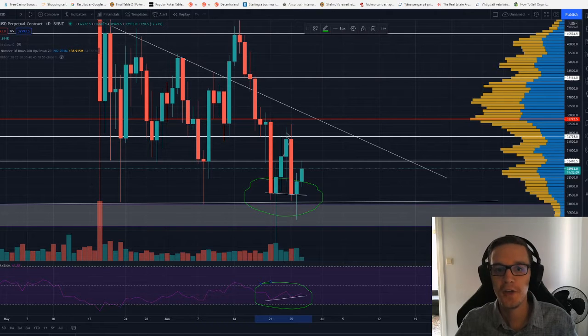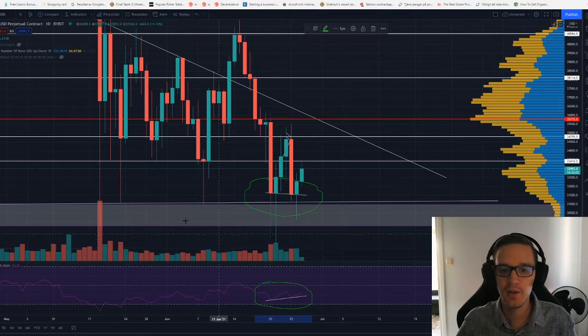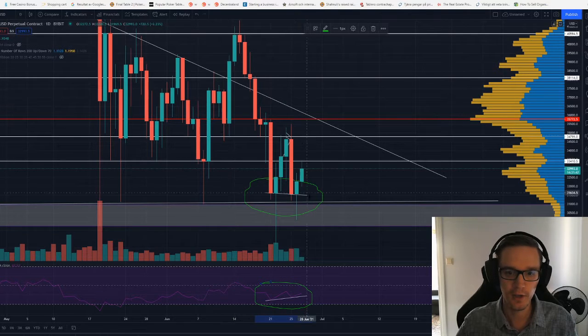So we're going to start here once again at the daily time frame, and what we can see right here in the green circles that I've done here is a bullish divergence on the daily that I was talking about in yesterday's video, and this also flashed on the 1 hourly chart that I also showed you on yesterday's video.